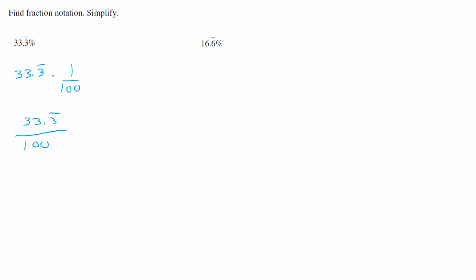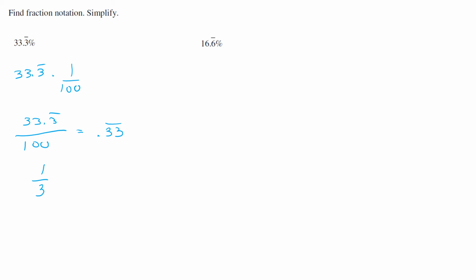But this is also one where it's good to recognize and learn some of our common decimals. And so if I wrote this as a decimal from that fraction notation, this would be 0.33 repeating. And that is actually the common decimal approximation for our fraction of 1/3.